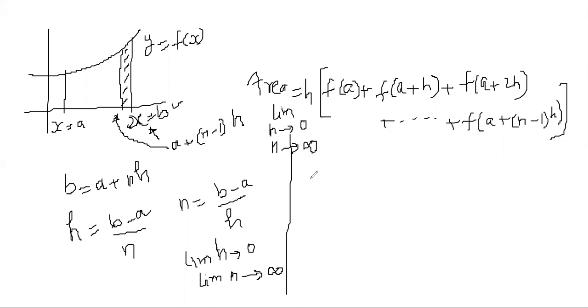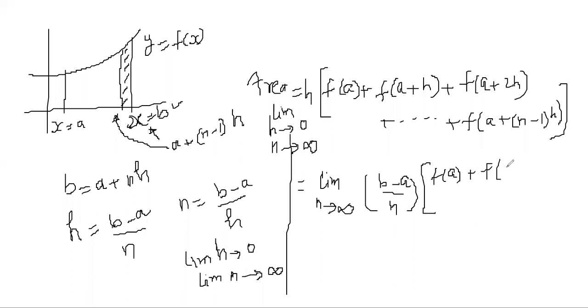And one thing also you can do, don't take two variables h and n. You can take just h or just n and write limit n tending towards infinity, and h can be written as (b minus a) upon n, and inside it is f(a) plus f of a plus h, which can be written as f of a plus (b minus a) upon n.